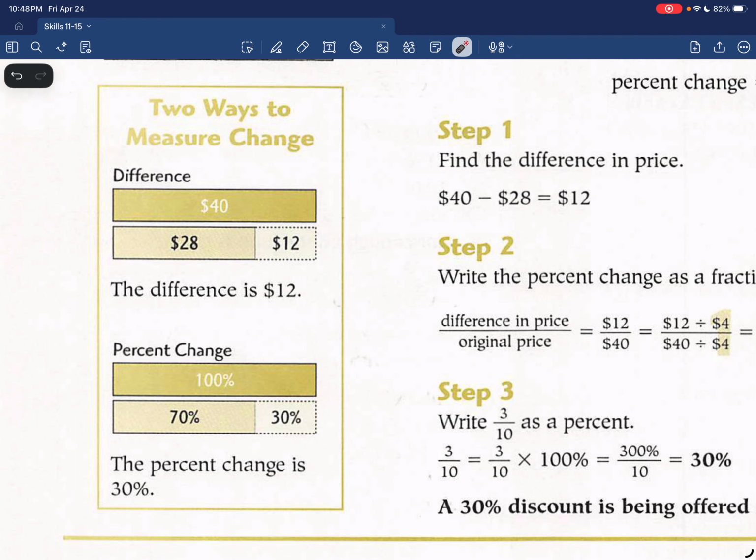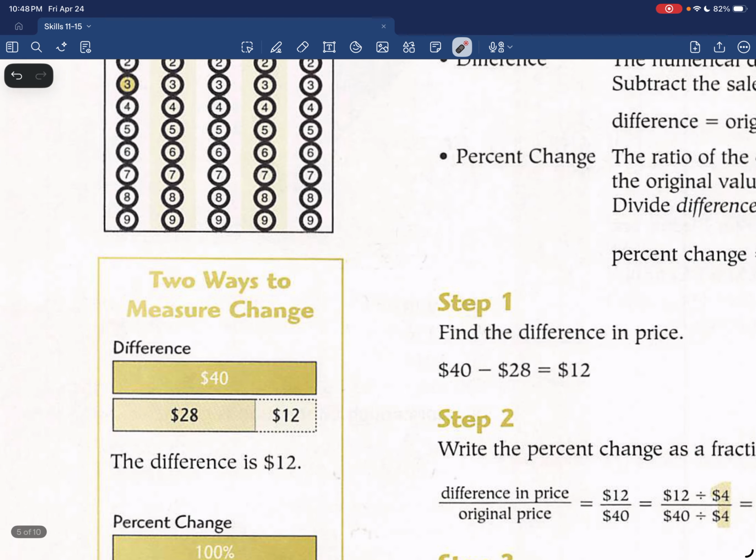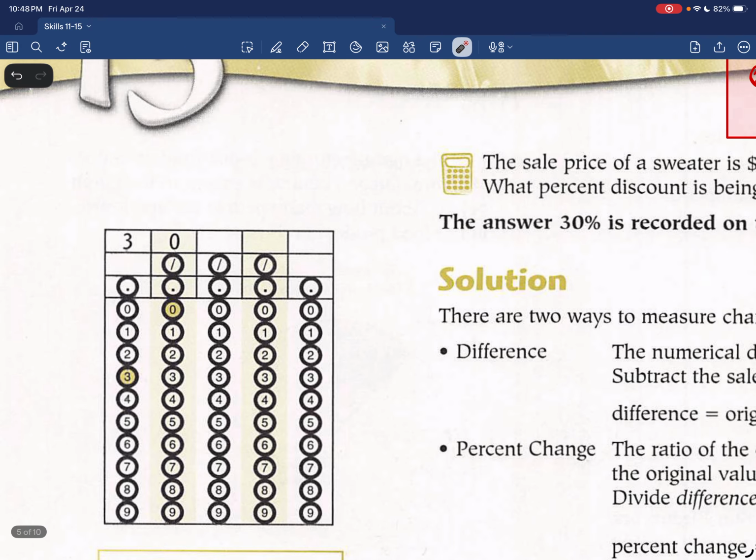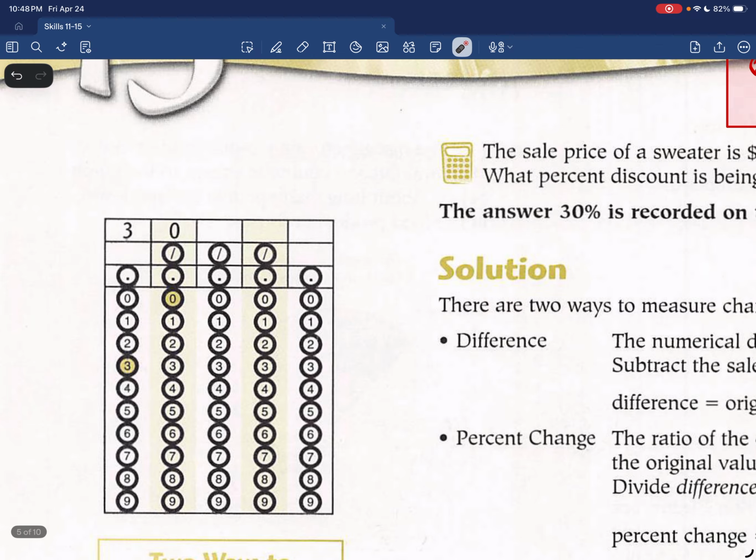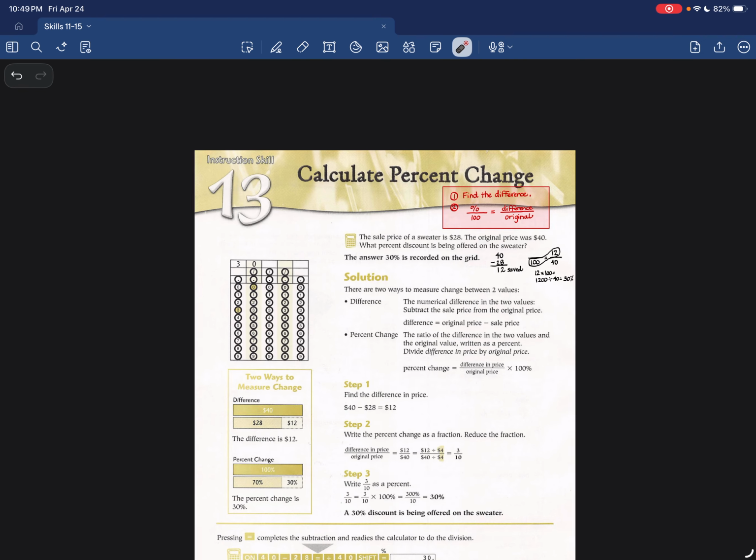The $40 was the 100%. You're paying 70% of that original cost, so you're saving 30%. And they gridded the answer 30 in the grid. So let's practice these.